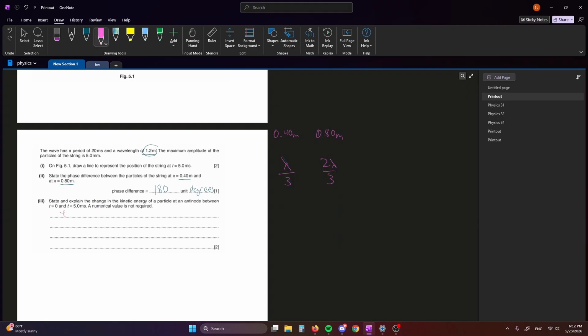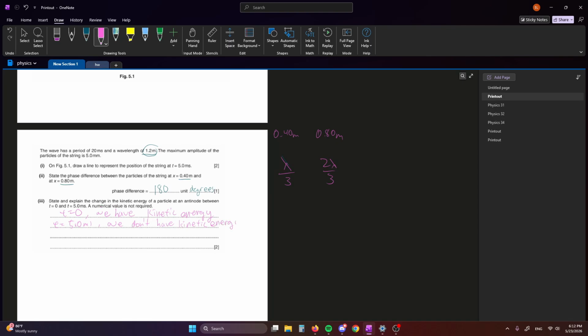Initially at t equals 0, we do have kinetic energy. And at t equals 5.0 milliseconds, we don't have kinetic energy.